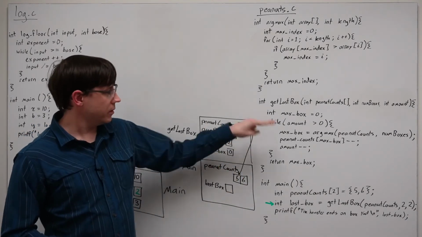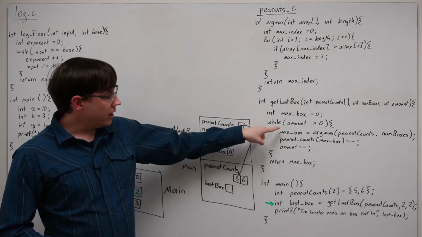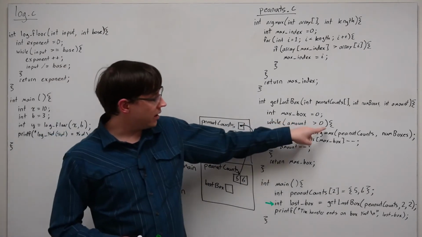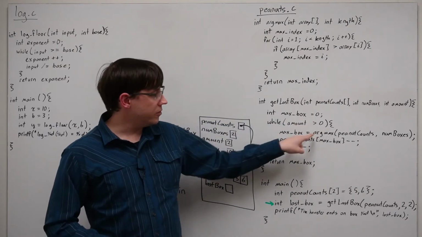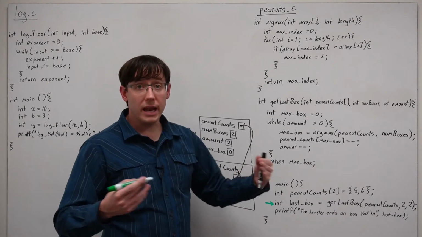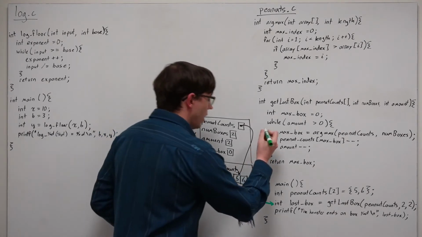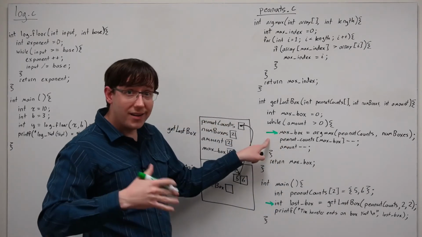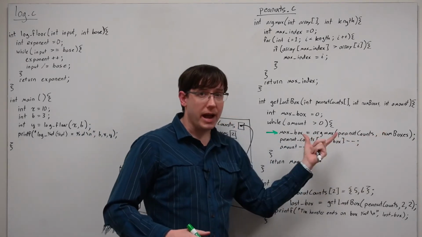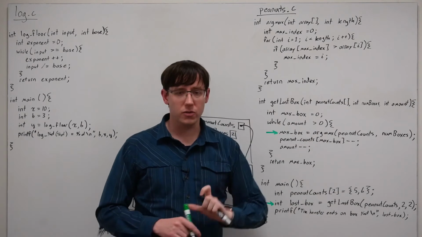Amount is greater than 0, so we enter the loop, and we will update the value of maxBox based on what we get back from the argmax function, which means that the getLastBox function is now paused on this line, waiting for a value to come back from the argmax function.